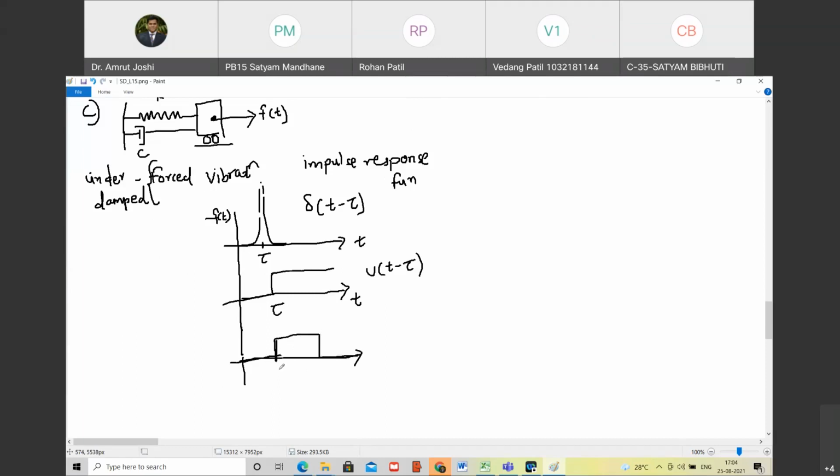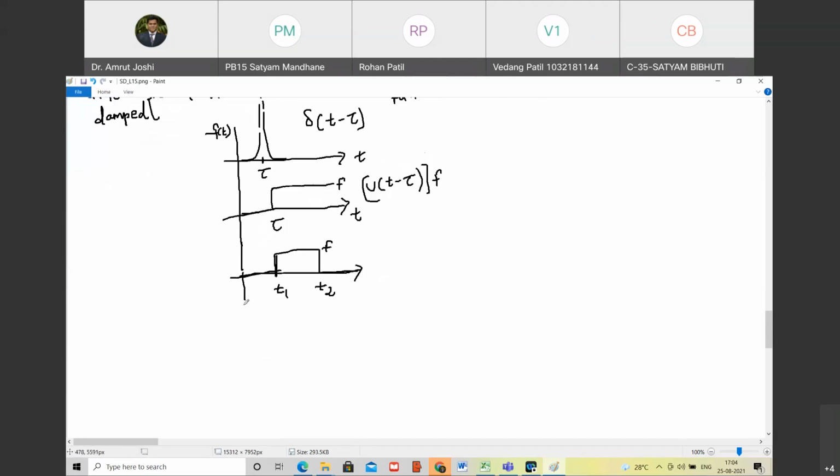So this is T1, this is T2, and this was, let us say, F. So it is u of t minus tau into F, by the way. Then we dealt with this kind of load.